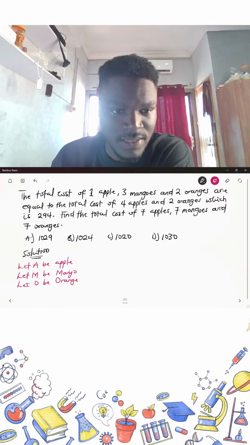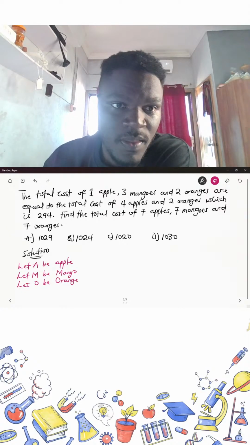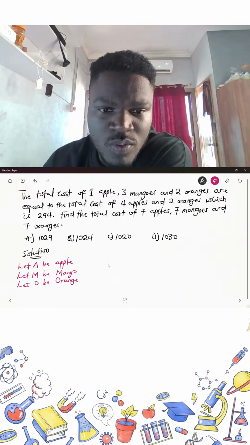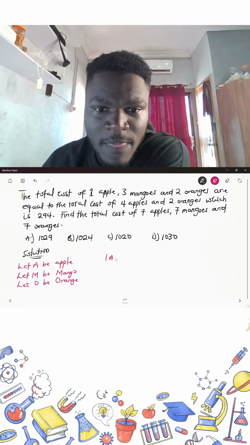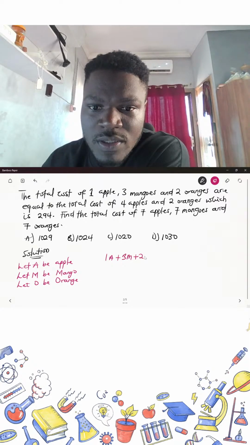Let's look at the question again. We have the total cost of 1 apple, so we have 1A plus 3 mangoes, 3M, plus 2 oranges, 2O.